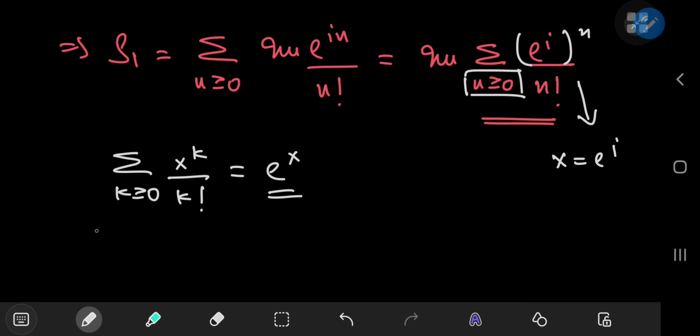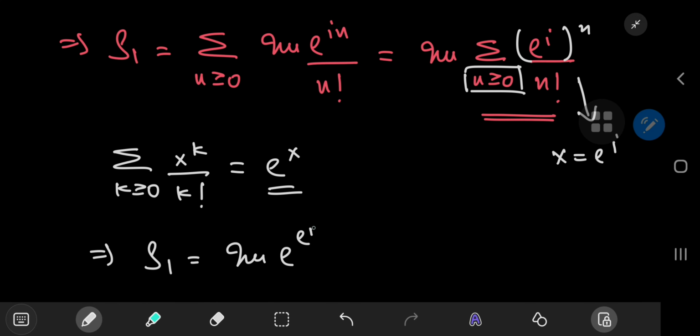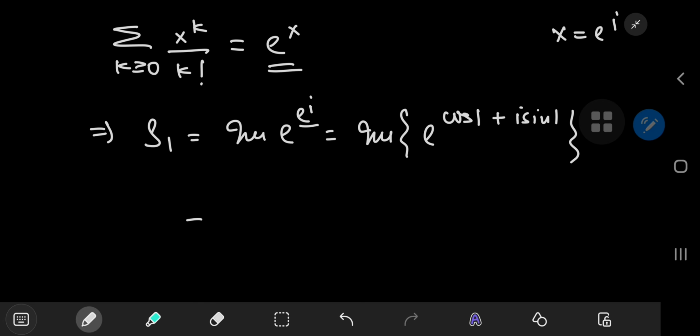So all of this implies that S sub 1 equals the imaginary part of e to the e to the i. And using Euler's formula, we know that e to the i is the cosine of 1 plus i times the sine of 1. And now using the properties of the exponential function, we have the imaginary part of e to the cosine of 1 times e to the i times sine of 1.